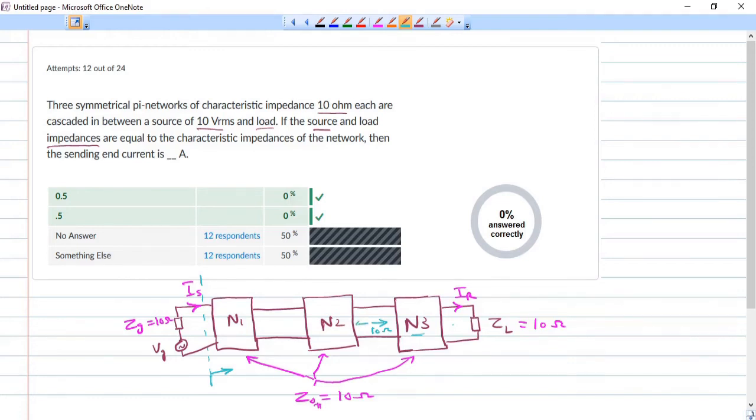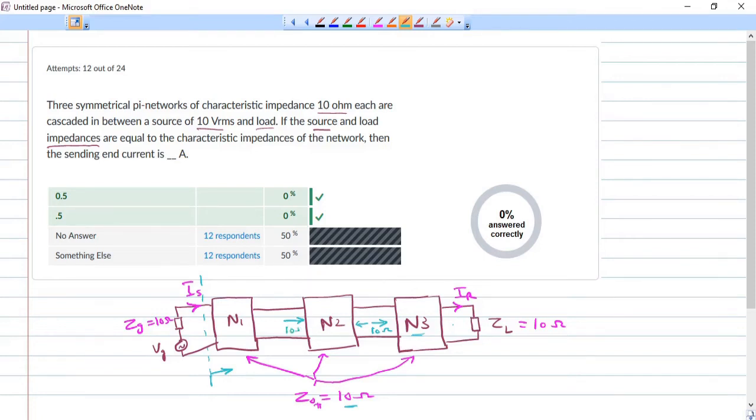So that is reflected to the second port of the N2 network. Since the N2 network also has a characteristic impedance of 10 ohm, the same impedance will be seen at the first port of the N2 network.